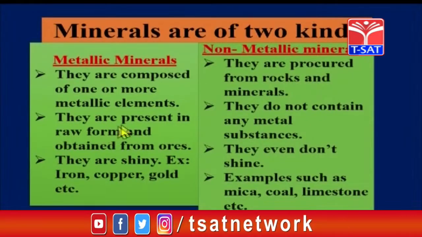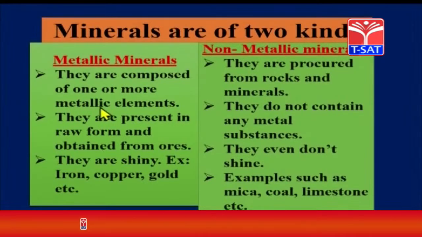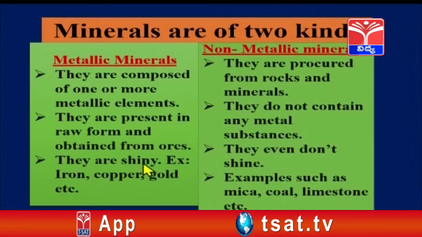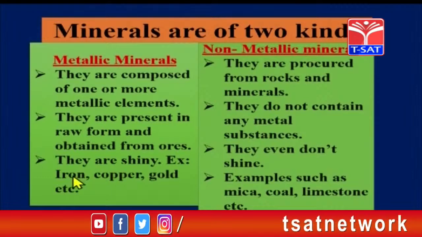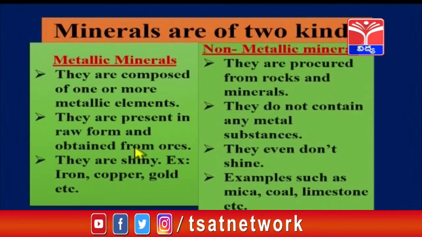In one single mineral, two or more metallic elements are present, and these minerals are also shining. For example, iron, copper, gold and silver, which are shining, and they are good conductors of electricity.